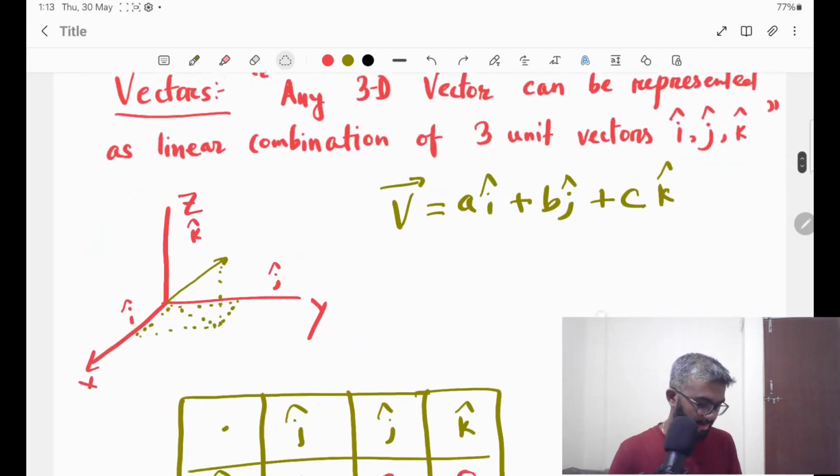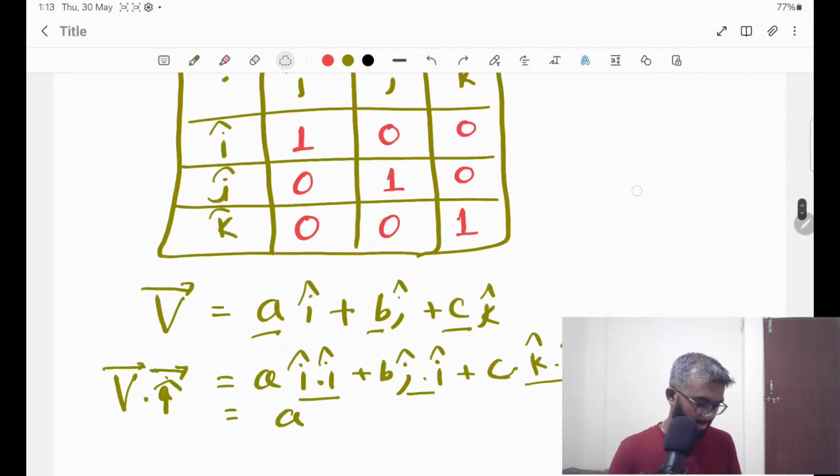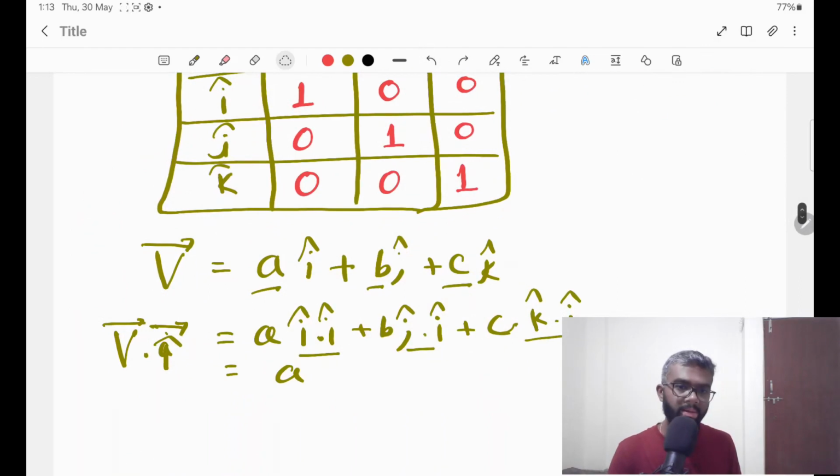So what does it mean? It means that if I have any vector, for example this vector a, b, c, and I want to find out the value of the coefficient a, all I need to do is take the dot product of this vector v with i. The dot product with all the other components, j and k, will become 0. The only term left behind is a.